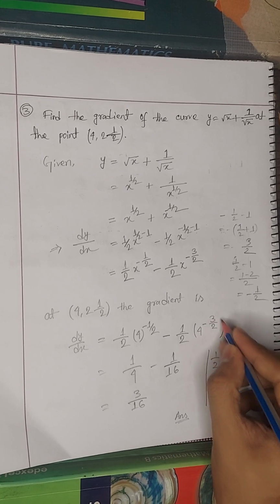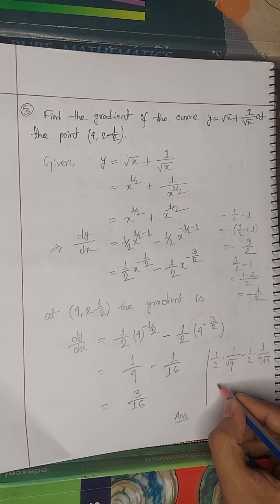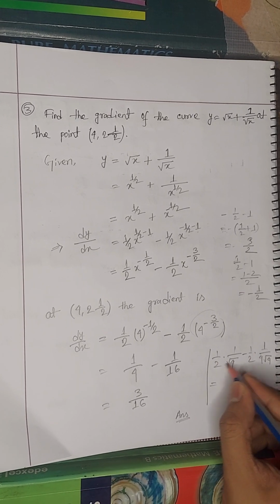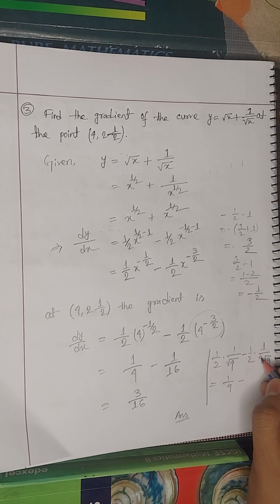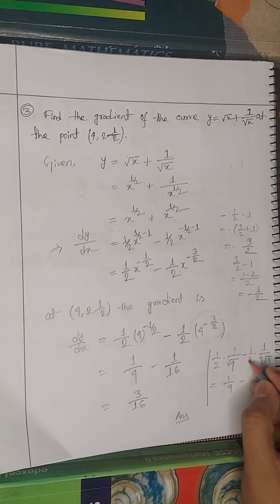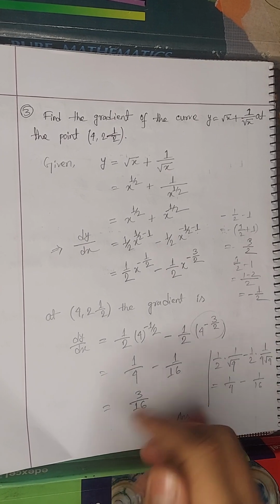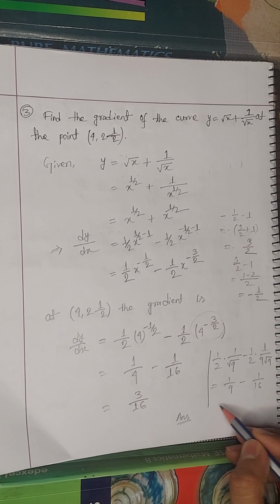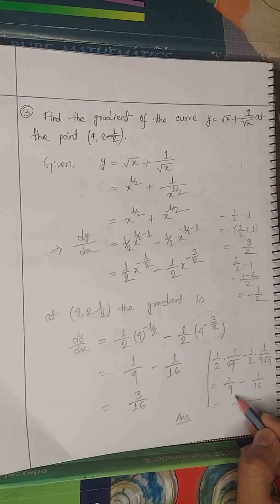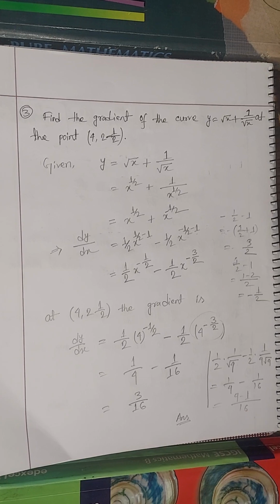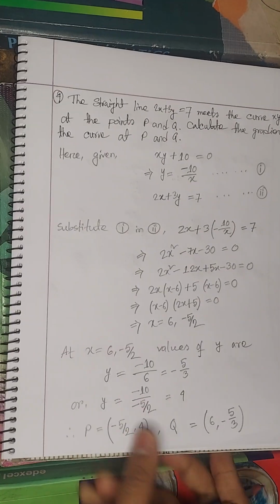For this we can write 1 by 4 root 4, so this will be 2 times 2, 1 by 4, and here 2 times 4, 8, and 8 times 2, 1 by 16. And when we apply the LCM here, 4 minus 1, which is 3 by 16. So this is the gradient.